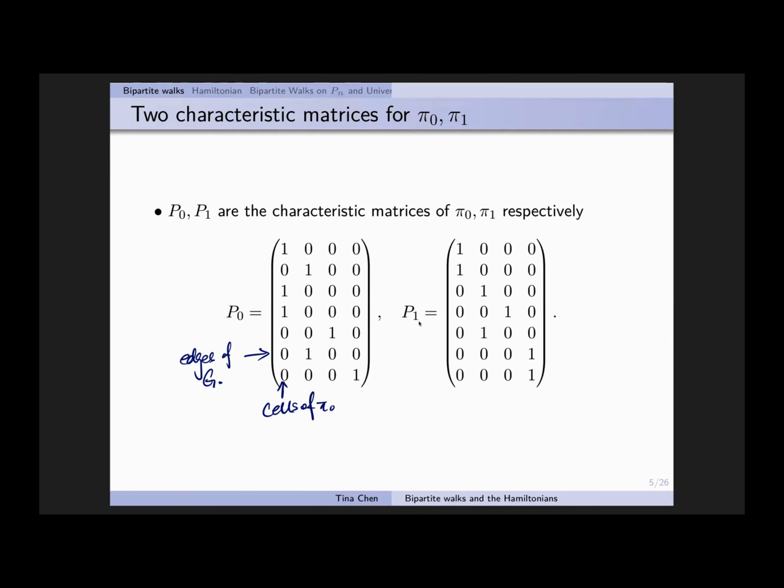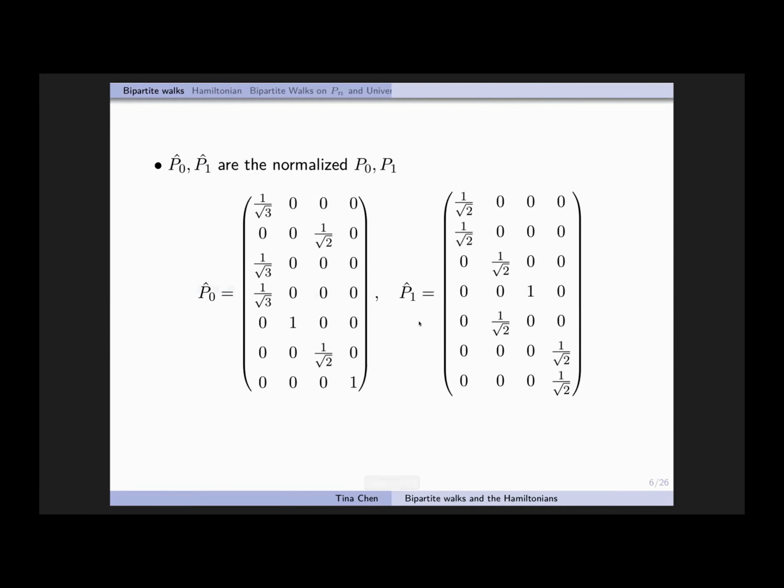We want to use these two to get two projections, so we normalize them: we take the column vector of each matrix and scale it into a unit vector, and then we get the normalized P0 and P1.